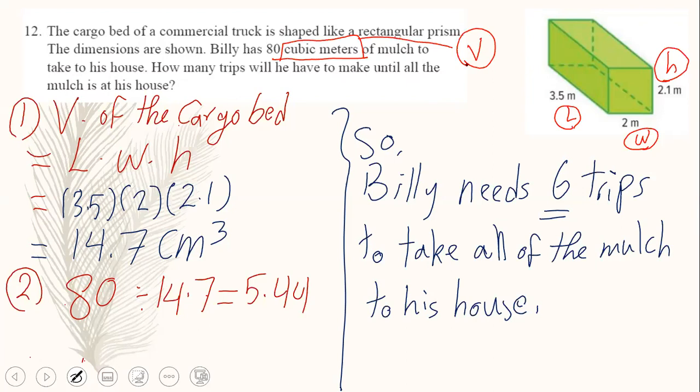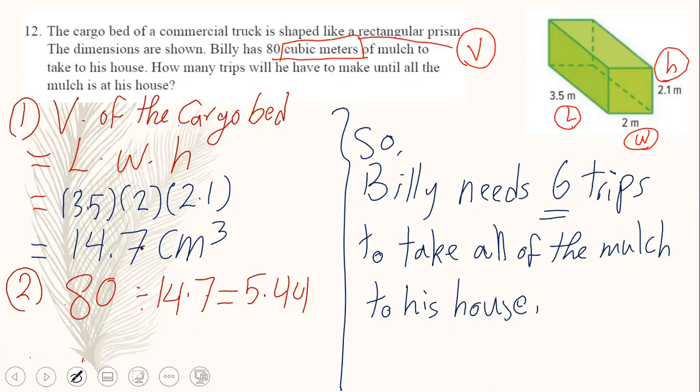I read the question again, as we used to do while problem solving. The cargo bed of a commercial truck is shaped like a rectangular prism. The dimensions are shown. Billy has 80 cubic meters of mulch to take to his house. How many trips will he have to make until the mulch is at his house?